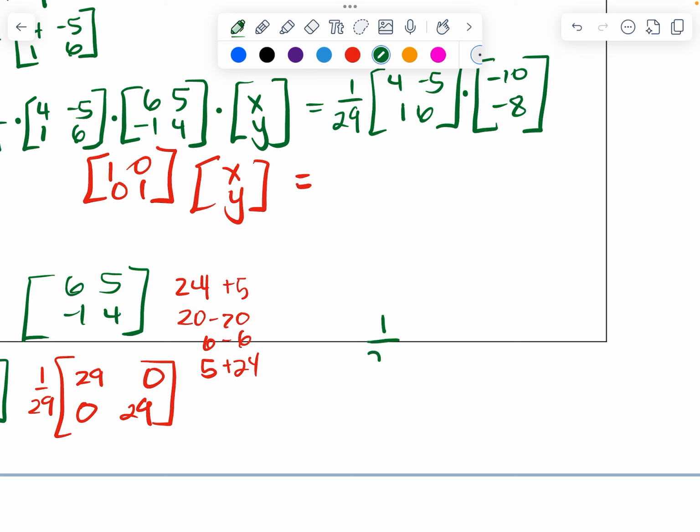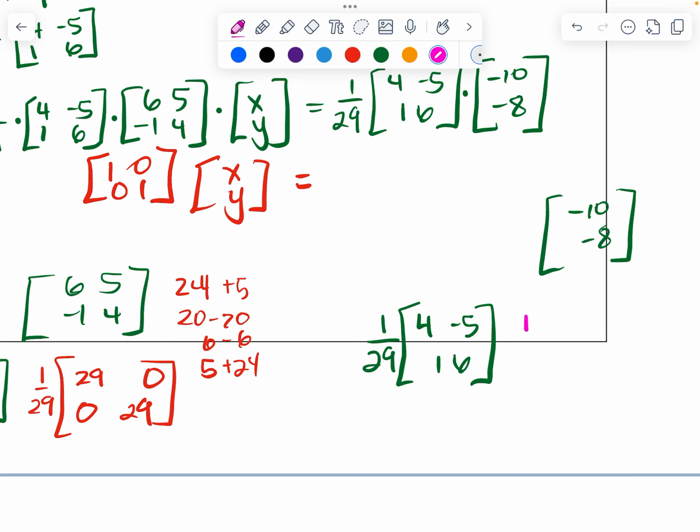So then I'm going to multiply these. So I have 1 over 29. I'm going to multiply negative 5, 1, 6. And I'm going to multiply that by, oops, I didn't want to write that. So I have negative 10, negative 8. So when I get this, I have 1 over 29. I'm going to end up multiplying it by what gets in here. So that's going to be negative 40 plus 40, so that's 0.